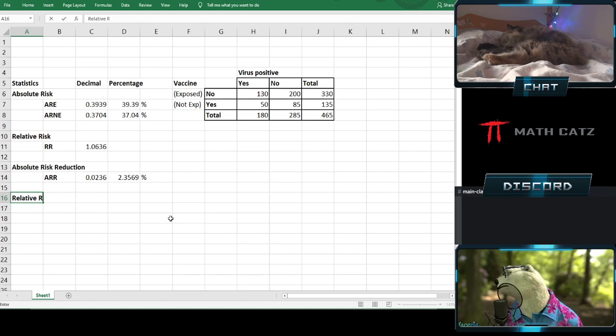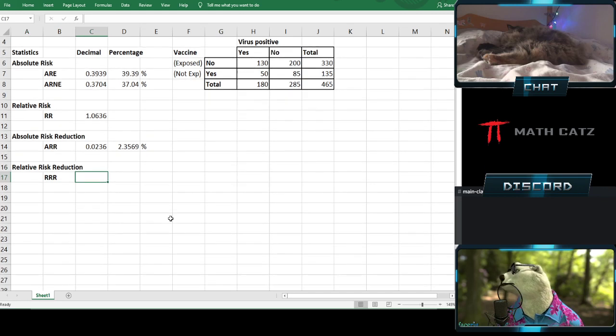Next up is the relative risk reduction, where I take this absolute risk reduction and I simply express it relative to the percentages and probabilities that we are working with. An absolute risk reduction of 2.3% might be huge if my initial probabilities were just a few percent.